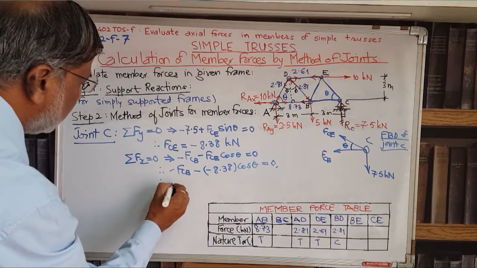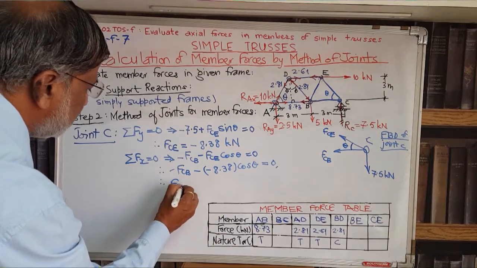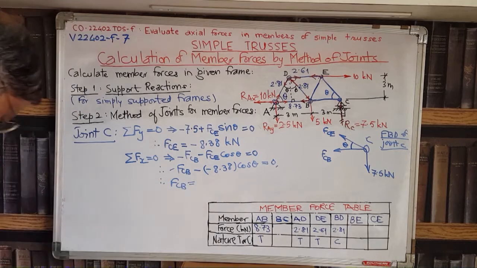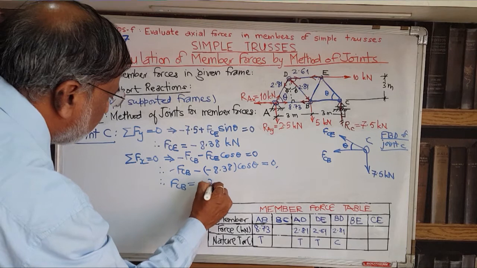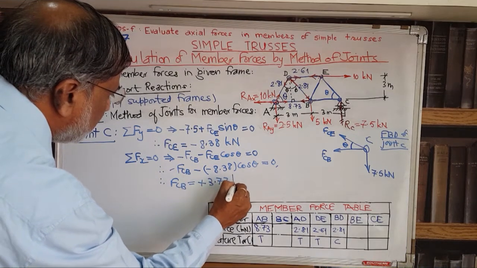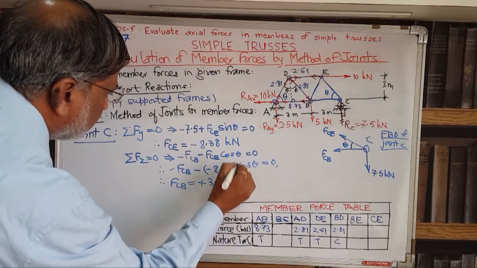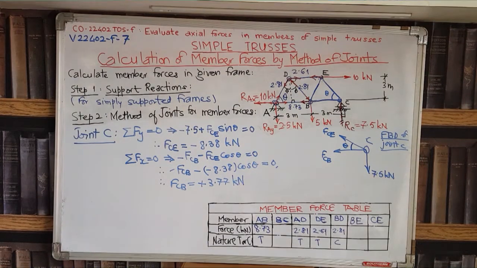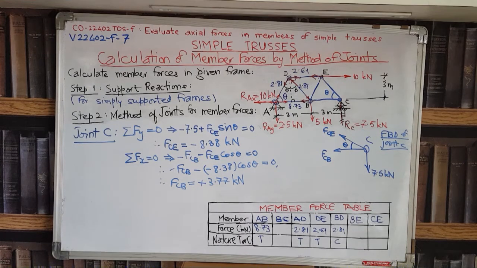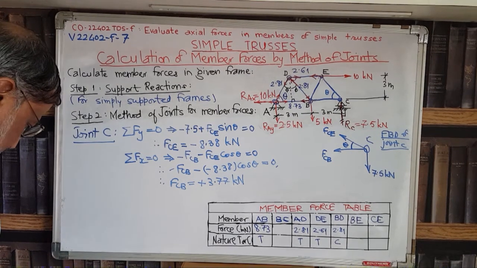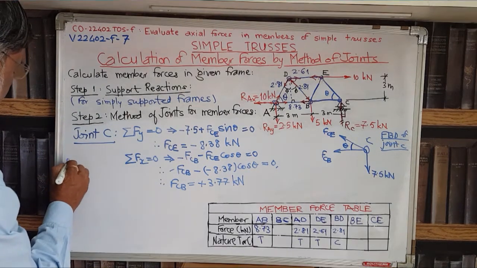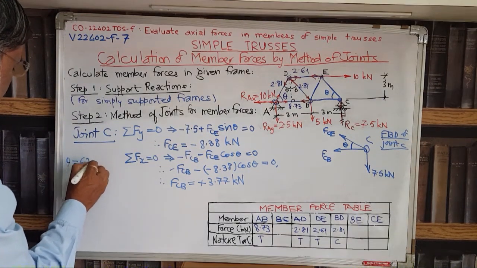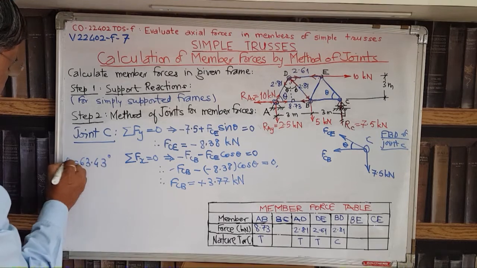And this will give us the value of FCB as plus 3.77 kilonewton. We have to note that the value of the angle theta is already calculated and that value is 63.43 degrees.